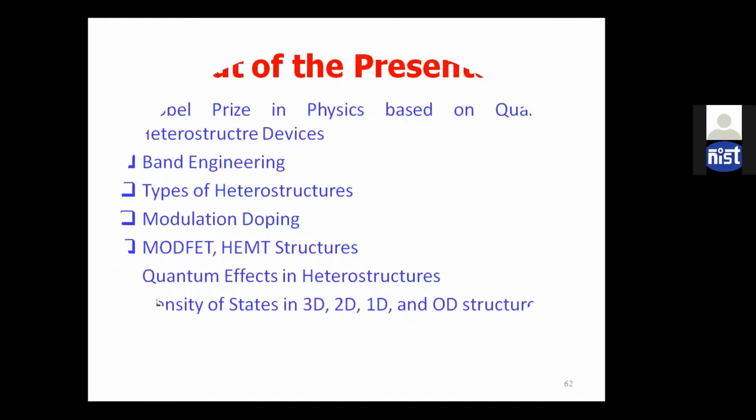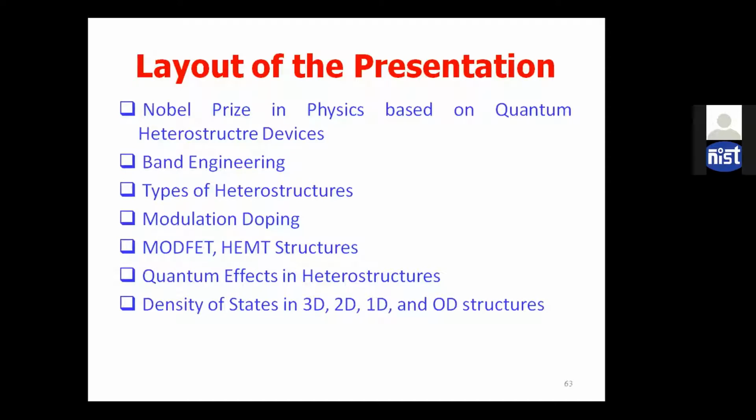Today's presentation will start from some basic ideas and information obtained from the internet: the Nobel Prize in physics, based particularly on today's discussion, that is, heterostructures and their related devices.